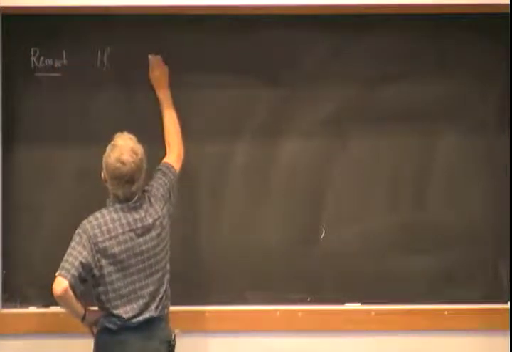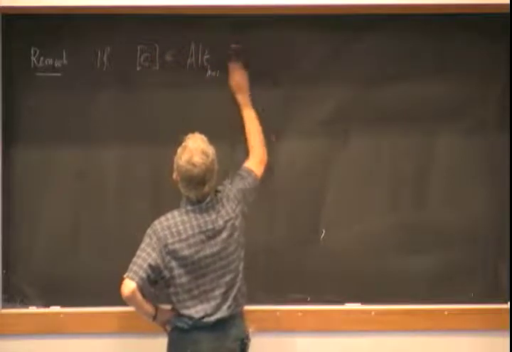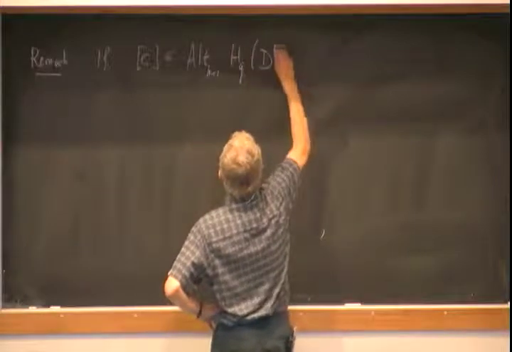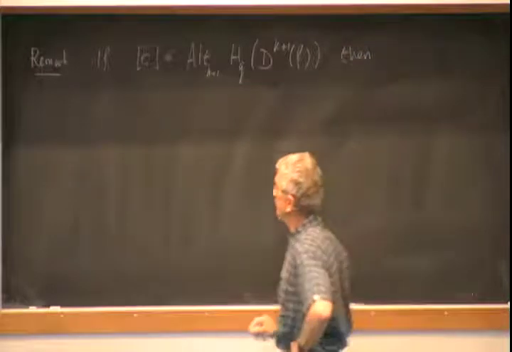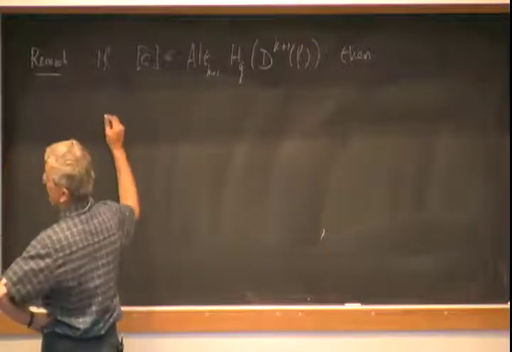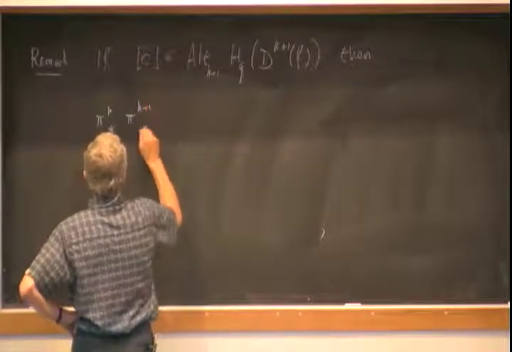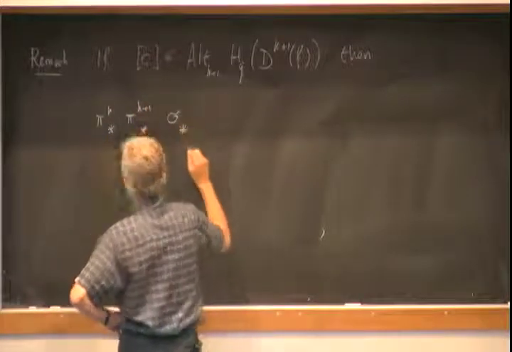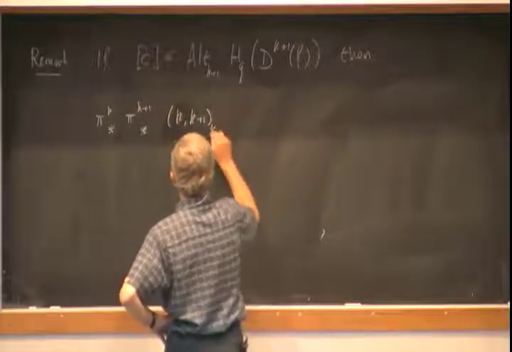If C is in Alt_{k+1} H_q(D_{k+1} f), then let's apply this very simple fact to it. Then pi_k lower star, pi_{k+1} lower star, sigma lower star. I'm particularly concerned with this particular permutation.